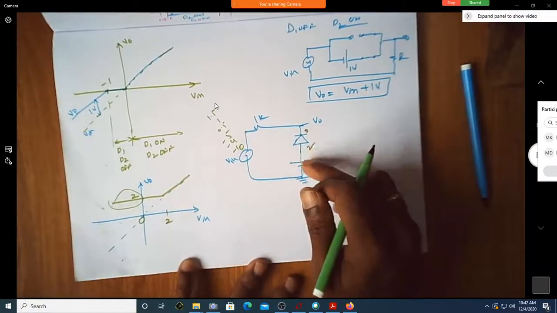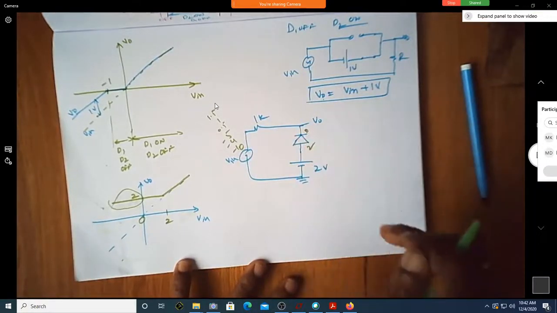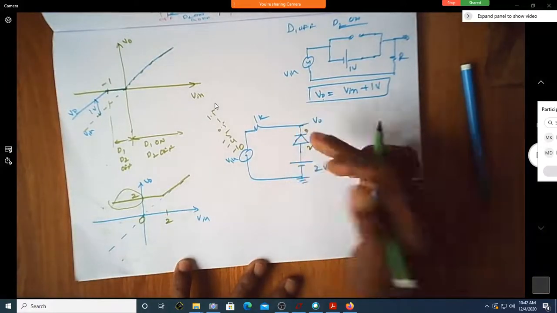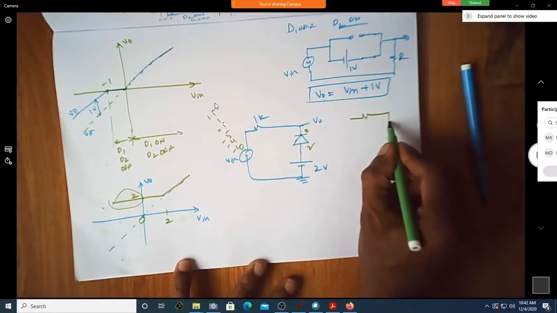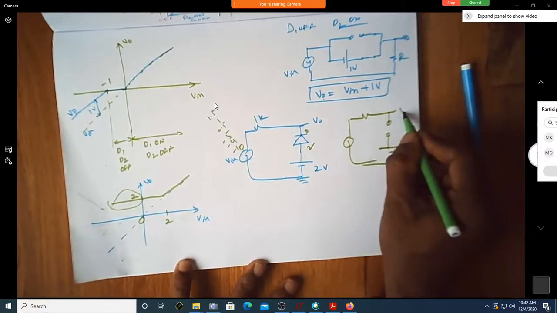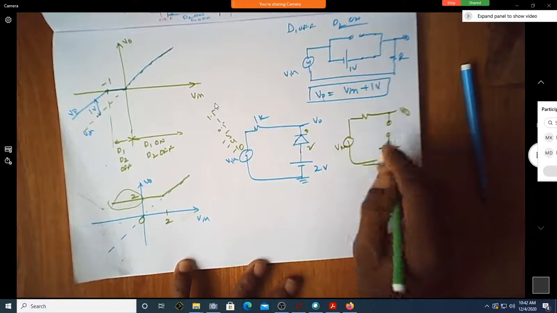If the input exceeds positive 2 volts, in the positive half cycle, what will be the condition of this diode? Off, sir. If it turns off, then what is the output? How does the equivalent circuit look? Does the equivalent circuit look like this? What is the output voltage now? What is V naught now?